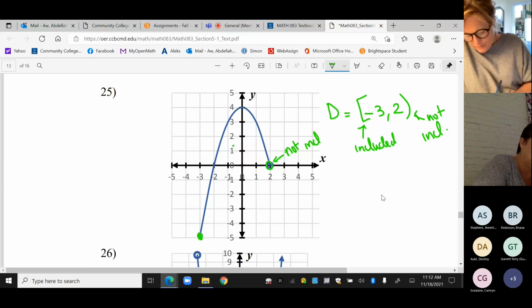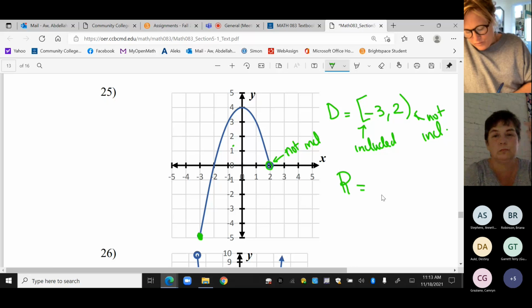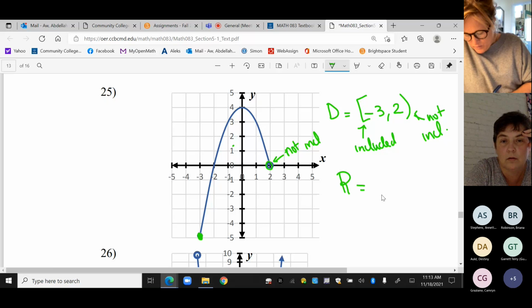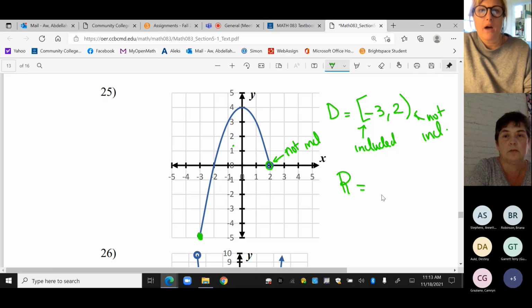All right. Now for the range, remember the range is about the y values. What is the lowest y value to the highest y value? What is the lowest y value of the graph? -5. Everybody sees -5? That is the first point. The graph starts right here, and the y is -5.